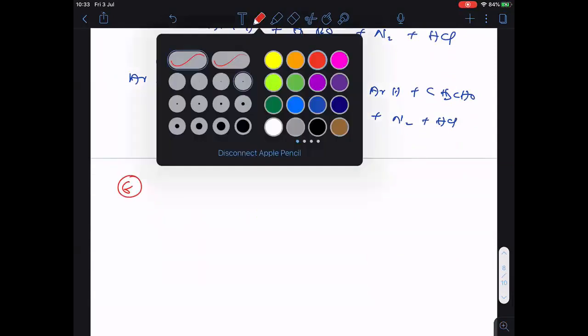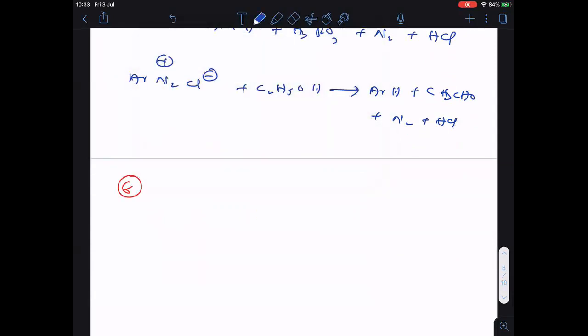Sixth chemical property. Okay. Now this is benzene diazonium chloride when treated with water, then we will get phenol plus N2 plus HCl.